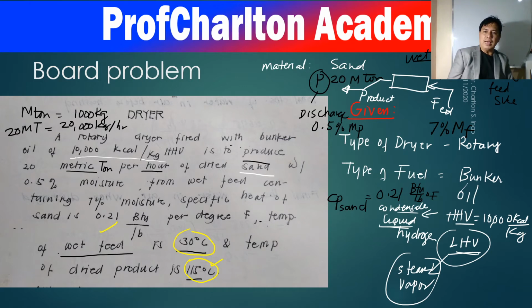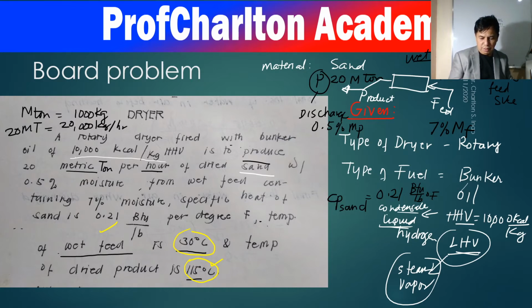There's 99.5 percent dryness. But when it first enters the dryer, in the feed side, there's a 7% moisture content, meaning there is 93% dryness.